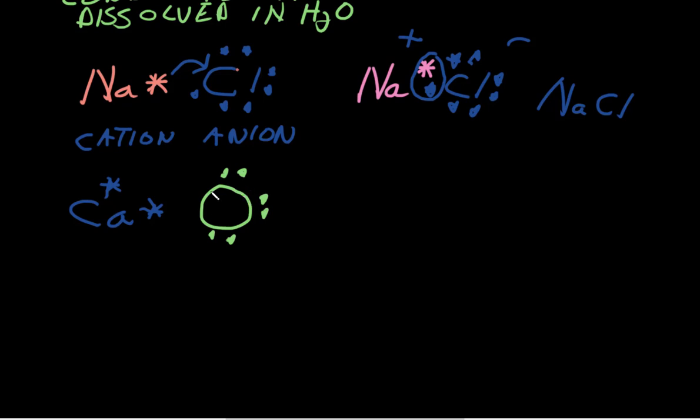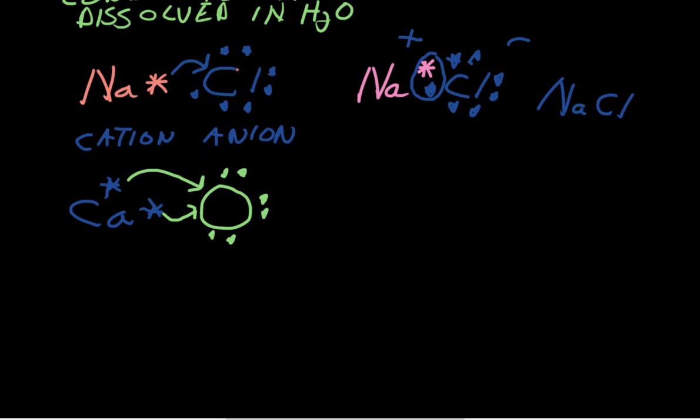Calcium wants to get rid of these, and the oxygen wants to gain, so it's going to transfer those to give oxygen 8 electrons in its outermost energy level.